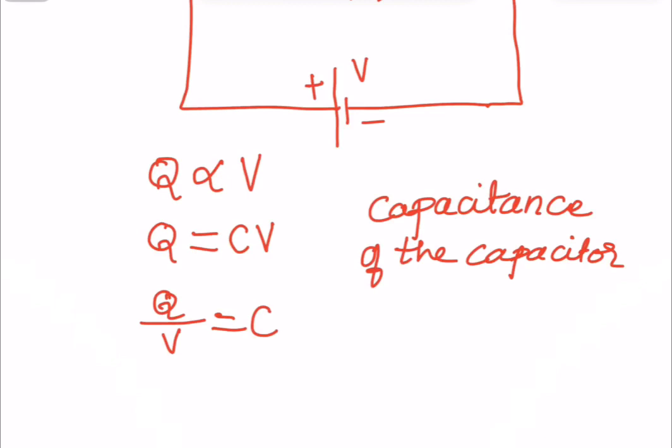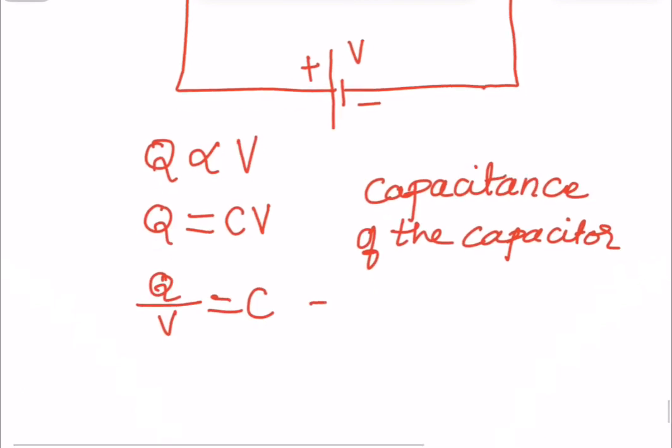The capacitance of a capacitor is defined as the charge developed whenever a potential difference of 1 volt is produced between the plates. Whenever the two plates of the capacitor are connected to a cell of 1 volt, the charge developed is called the capacitance.